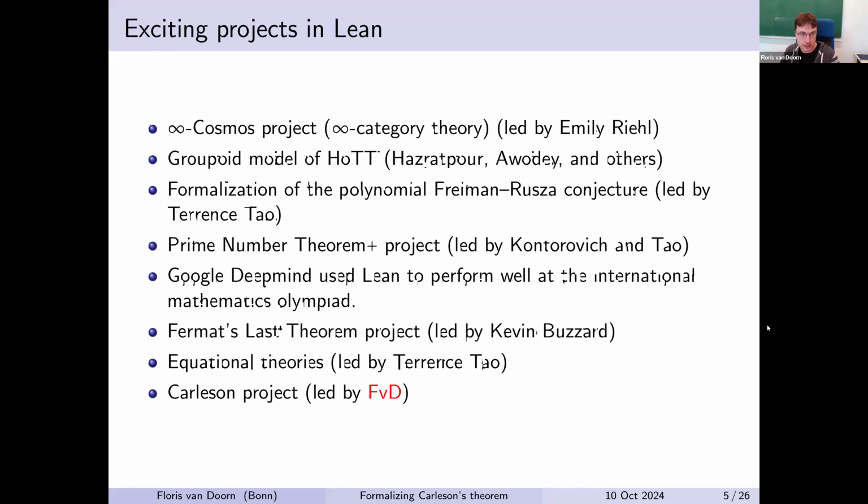Then there were some recent formalization projects. Terry Tao started a formalization of some result in additive combinatorics. This is called the polynomial Freiman-Ruzsa conjecture.